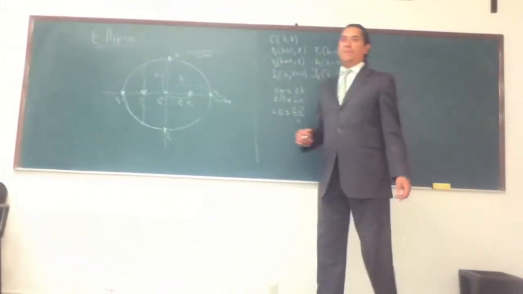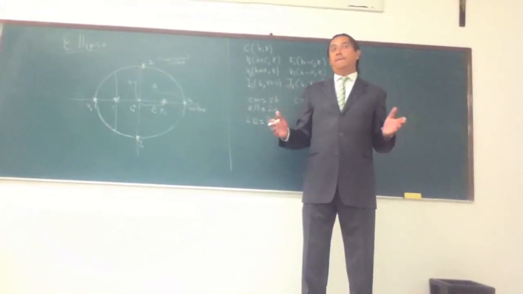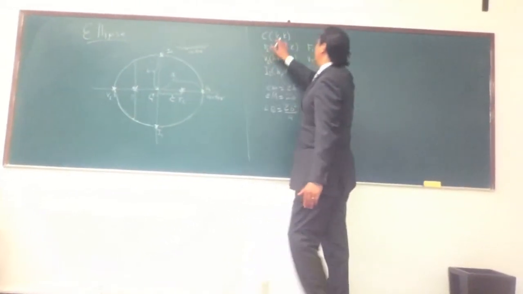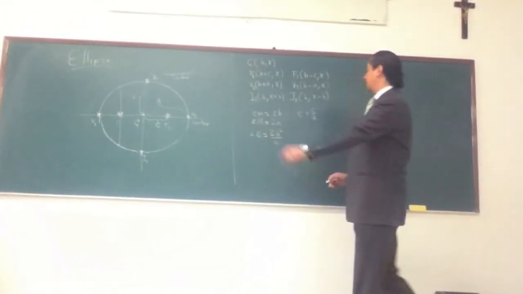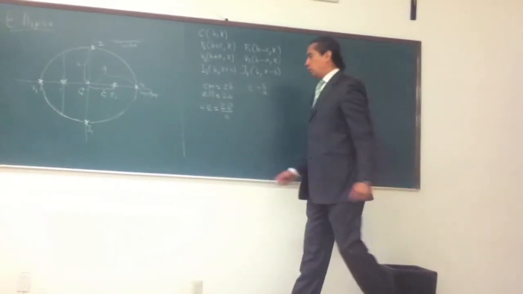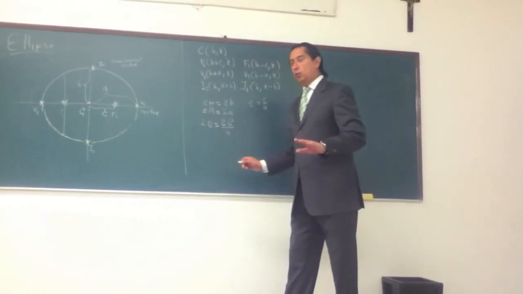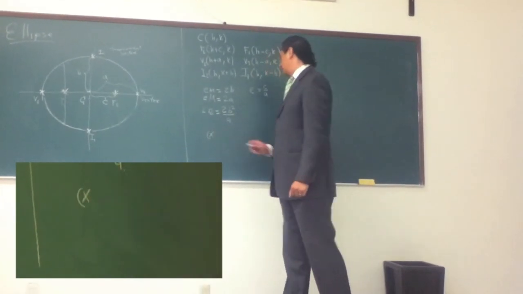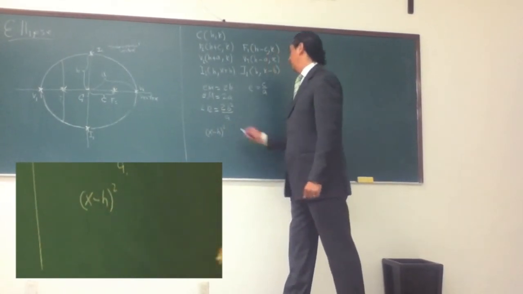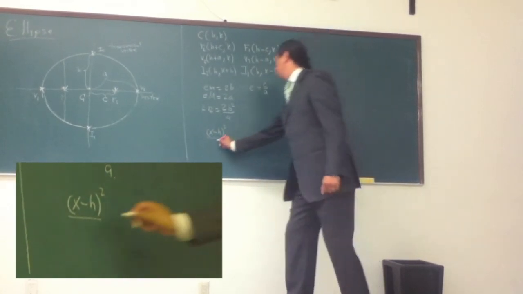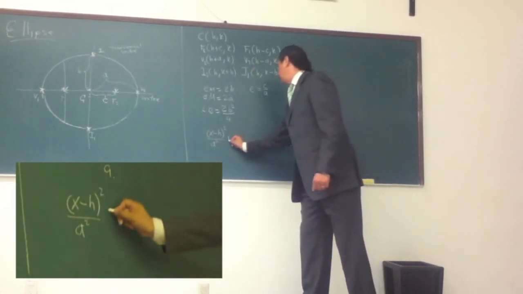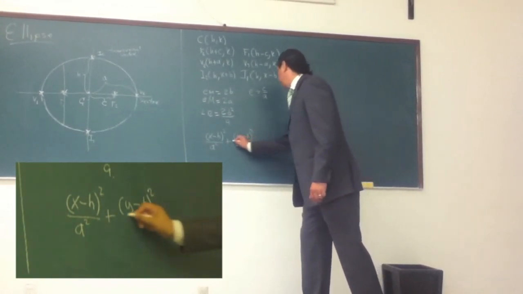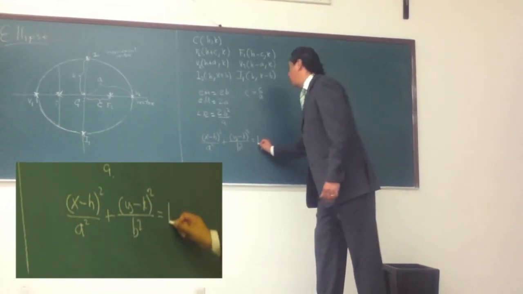Now we must find the equation for this construction with center at (h, k). The canonical equation is this: (x minus h) squared over a squared plus (y minus k) squared over b squared equals 1.